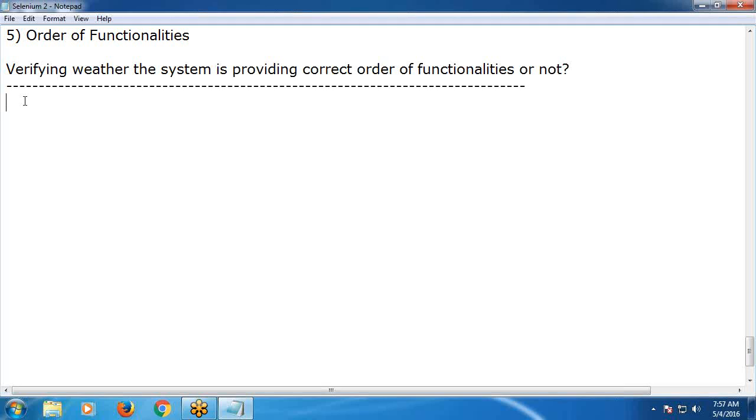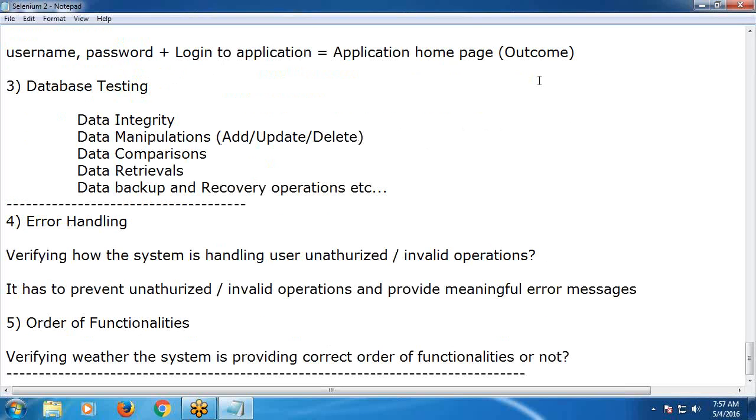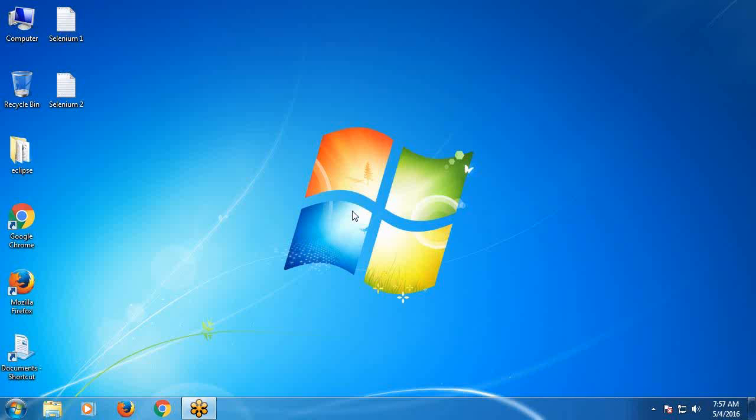Advantages of manual testing. Advantages of automation testing. Disadvantages of automation testing. And then types of software test tools. Next, overview of functional testing.